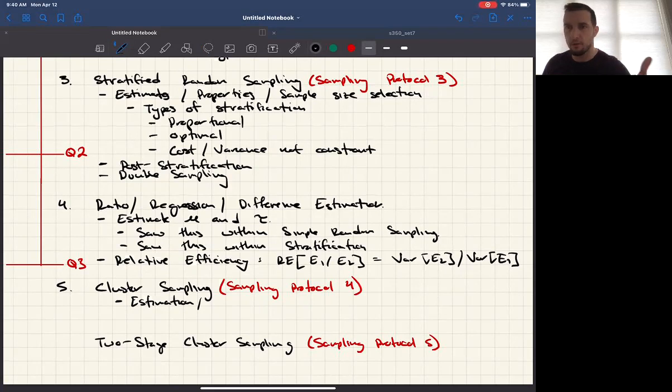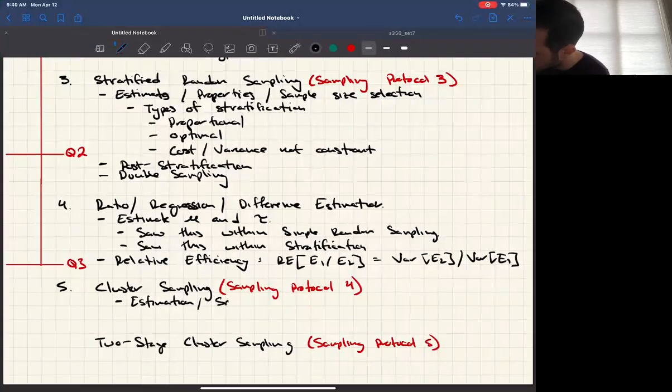So the properties of those particular approaches are going to follow very naturally from what we had done before in the course anyways, which goes back to a point that I was making earlier on in the semester, which was effectively like simple random sampling is the basis for everything that we're going to see throughout the semester. So here we have estimation, and we have cluster size selection, or not cluster size, but selecting the number of clusters.